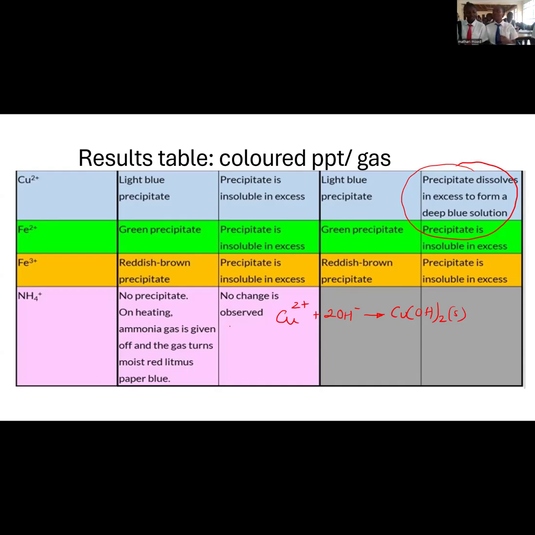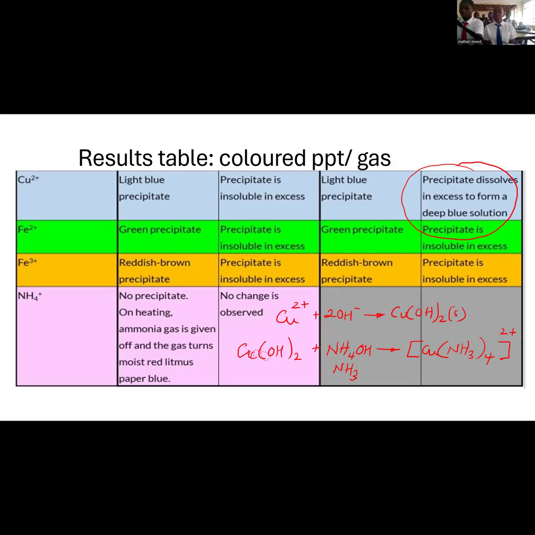But when it dissolves in ammonia, something completely different is happening. And this is very important. So I get my Cu(OH)2 and I add ammonium hydroxide to it. Now, it's actually this, but it's okay to write ammonia, because what forms is a different complex altogether. This one is this.